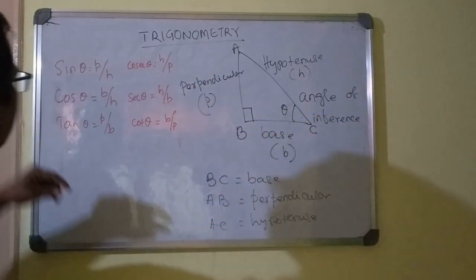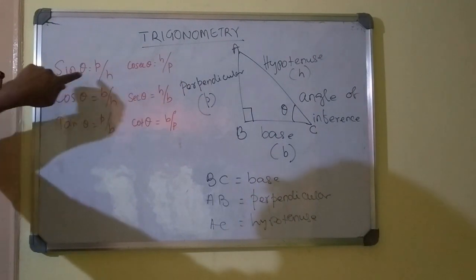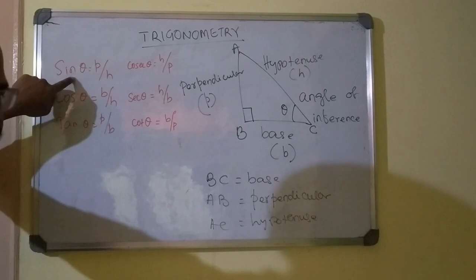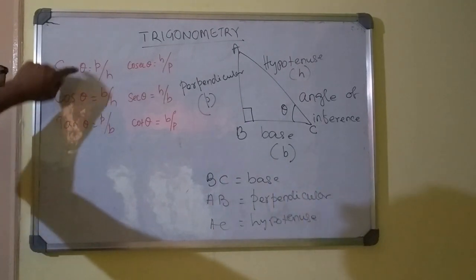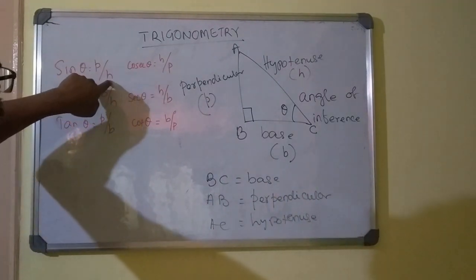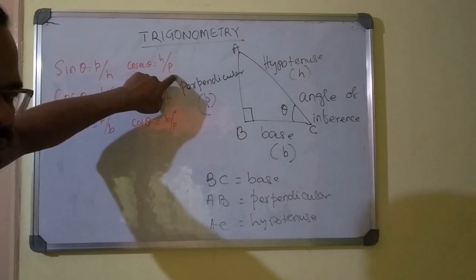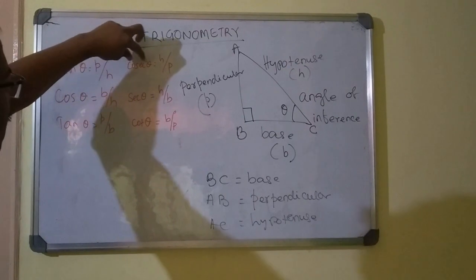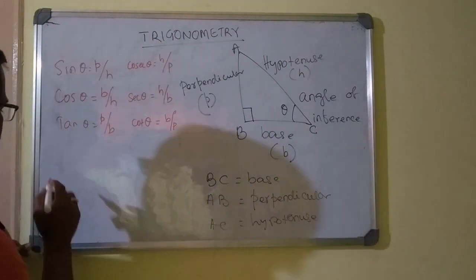Now we can very well see that cosec theta is exactly the reciprocal of sin theta. So if sin theta is perpendicular by hypotenuse, cosec theta is hypotenuse by perpendicular. It is exactly the reciprocal. So sin theta and cosec theta are reciprocals.